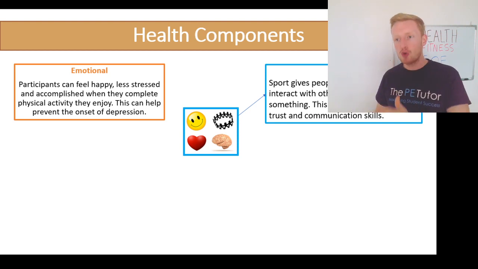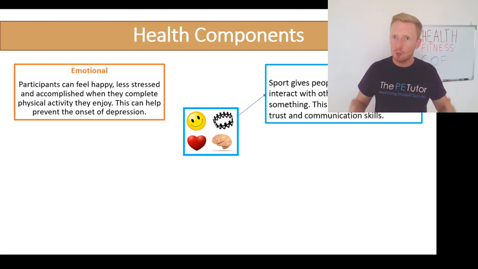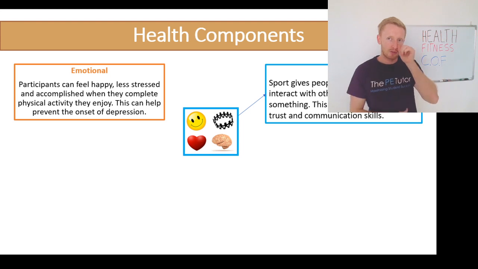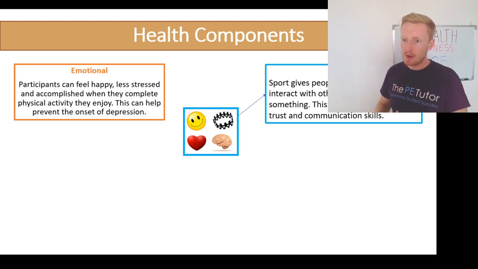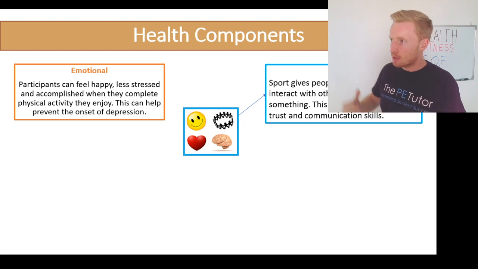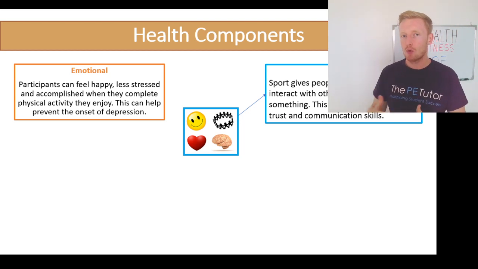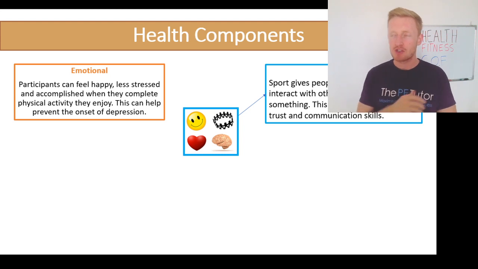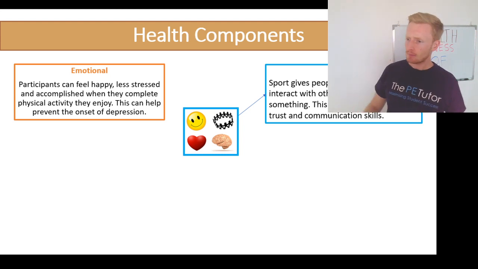Next, we have the social component. So social well-being, again, removed from sport to start with. Social well-being is this sense of belonging, a sense of being able to communicate and interact with those around us. It's not necessarily having a best mate. It's not just about that.